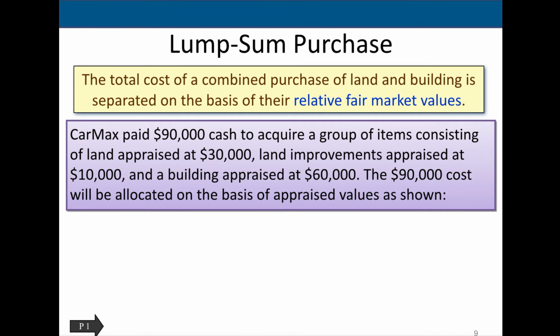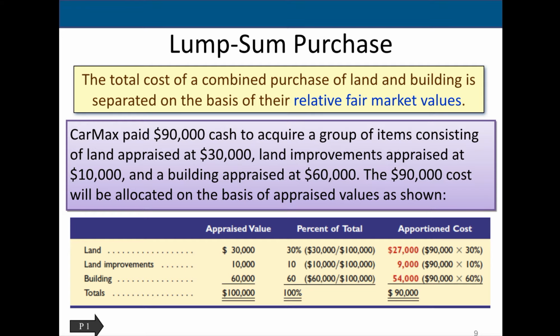Okay, so that leaves us with a bit of an issue that sometimes comes up. We'll talk more about this on Thursday, but more often than not, when you buy a piece of property that has a building on it, you will actually be purchasing several, usually 3 different types of asset class with one purchase.